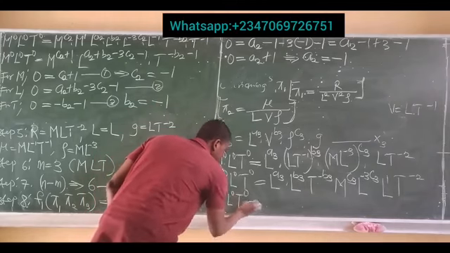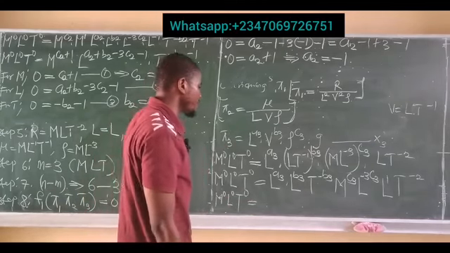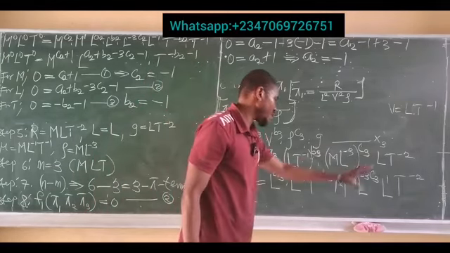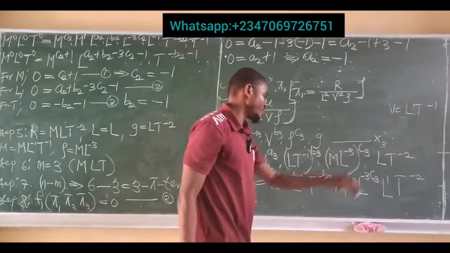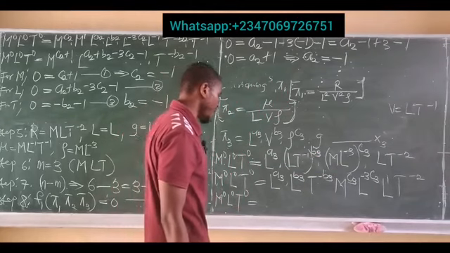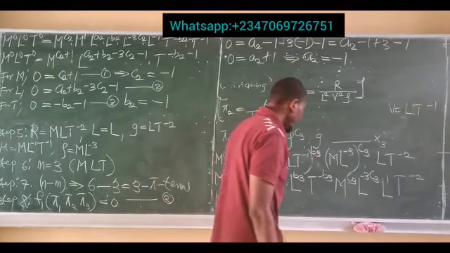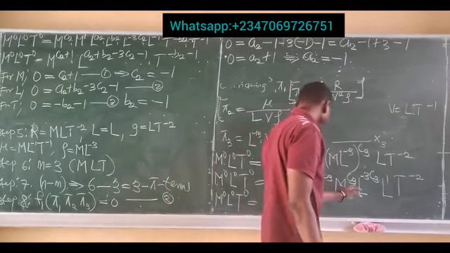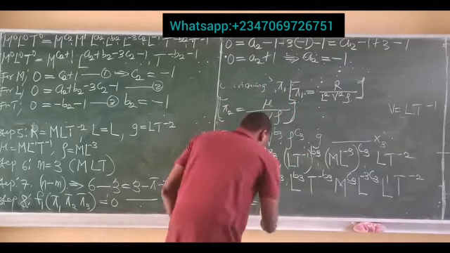Now we rearrange these terms on the right-hand side to be in terms of MLT, just as the left-hand side. We start from M. I have M to the power of C3 here only for M, so you pick it out.